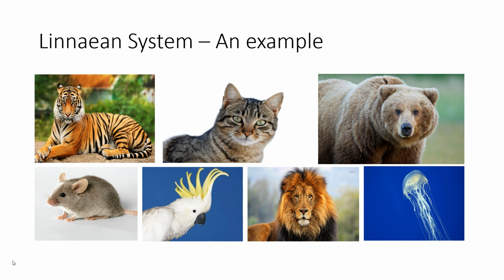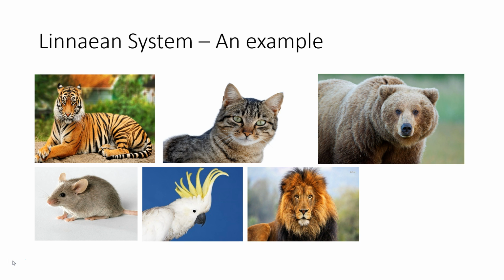Let's look at an example. Consider the 7 living things that you see on your screen. Put your pens down for a moment and just consider which one of these 7 living things is least like the others. The jellyfish is least like the other things because the jellyfish does not have a backbone like all of the others do.